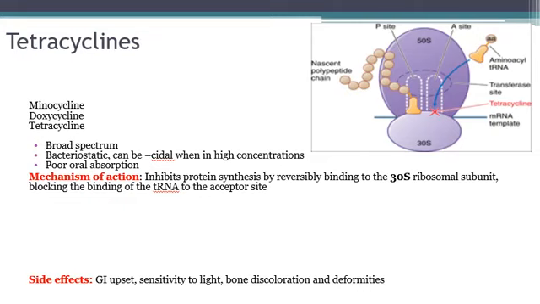Here we can see an inhibition of protein synthesis targeting the 30S subunit, as well as blocking the binding of tRNA to the acceptor site. The main side effects include GI upset, sensitivity to light, and bone discoloration and deformities, and that also extends to teeth. There's a classic example of women who took a tetracycline during pregnancy, and then the child is born with really bad teeth and a reduction in enamel.